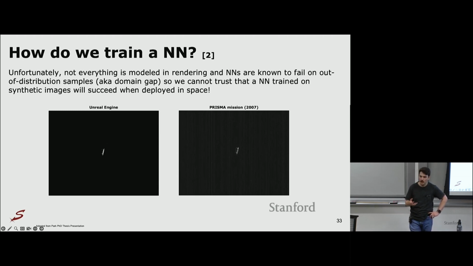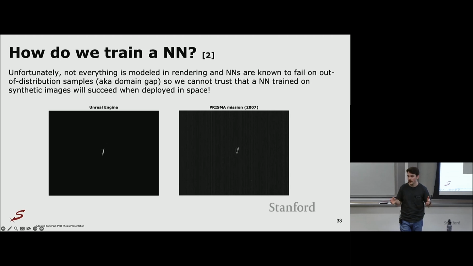neural network, you are training on some data set. And you can think of this data set as a distribution of images, right? It's a distribution of data at the end of the day. And the neural network is trained to perform well on this particular distribution, and you have no guarantees that it'll work on any other distribution. Now, the real space images are a different distribution. They're similar, but they're different.